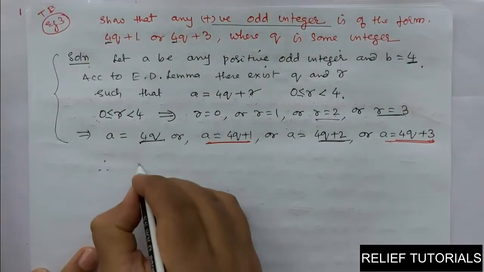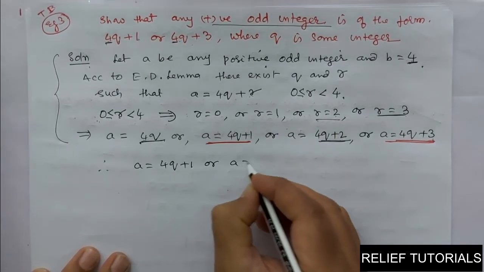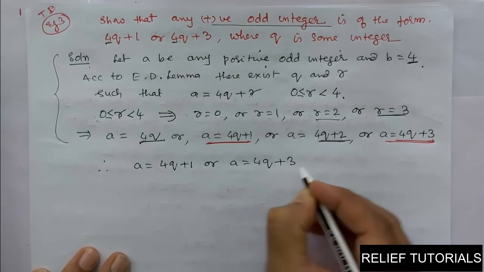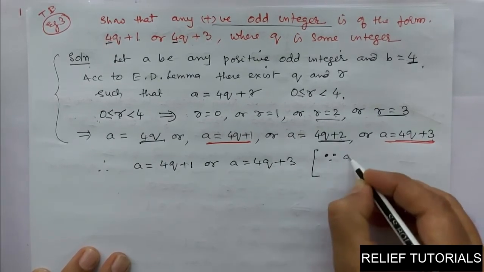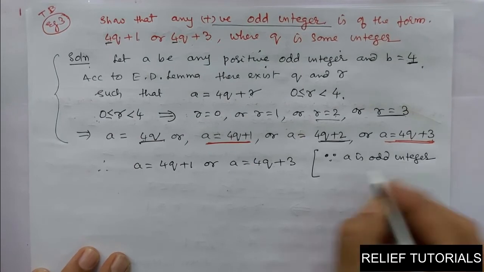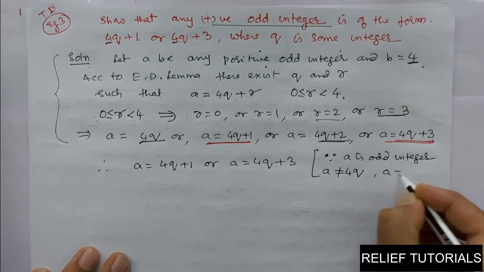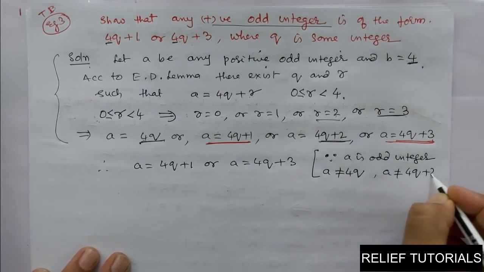So therefore we can say A is equal to 4q plus 1 or A is equal to 4q plus 3, because A is an odd integer and A is not equal to 4q and A is not equal to 4q plus 2.